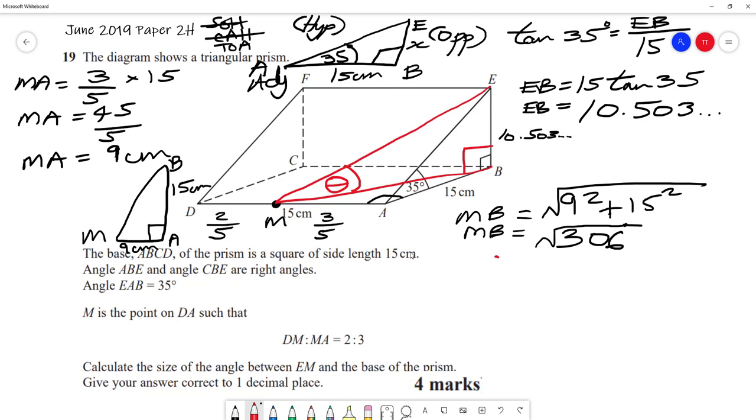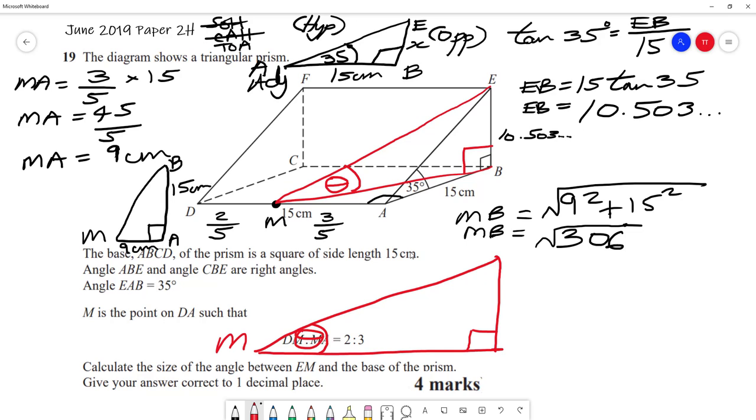I'm going to draw out the red triangle. That's theta. So this is going to be M, E, and B. Now EB was 10.50 and so on.